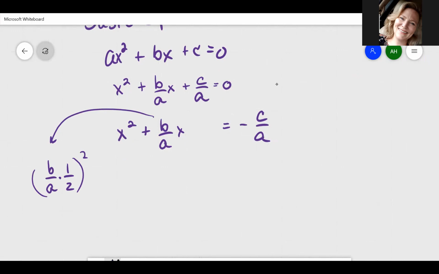When I do that, b over a times 1/2 gives me b over 2a, and when I square that, I get b squared over 4a squared. You guys see that?